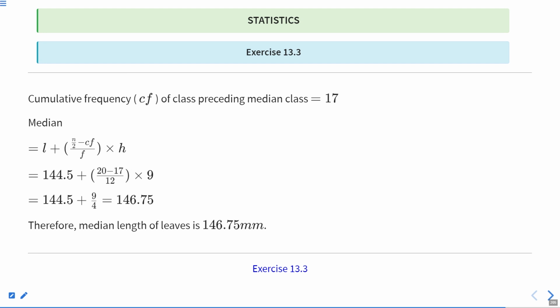We know the formula for the median: median is equal to lower limit l plus n by 2 minus cumulative frequency CF, divided by f, times h.